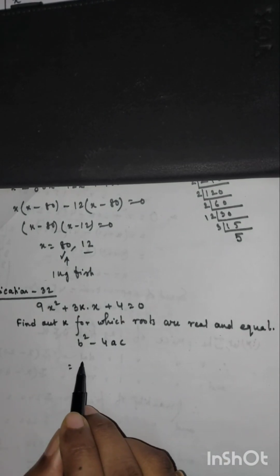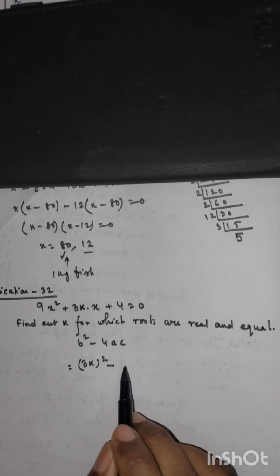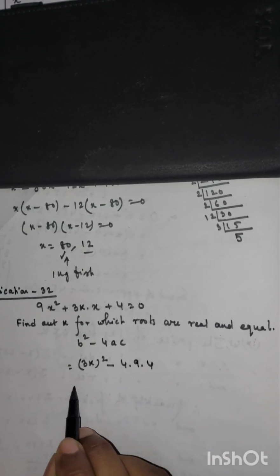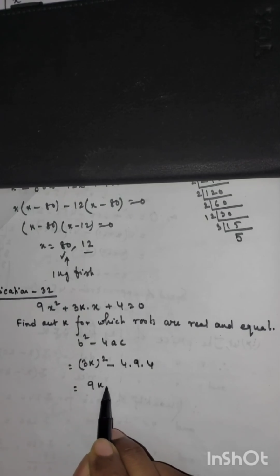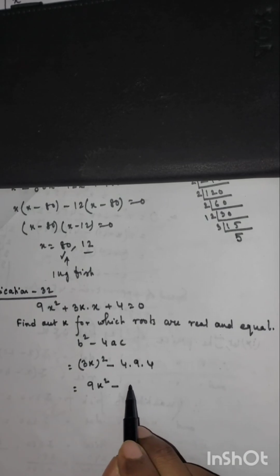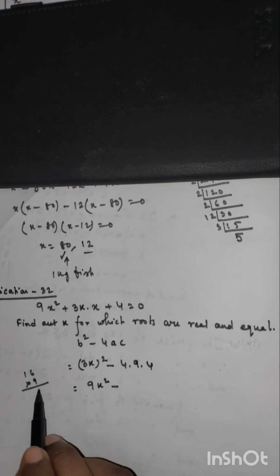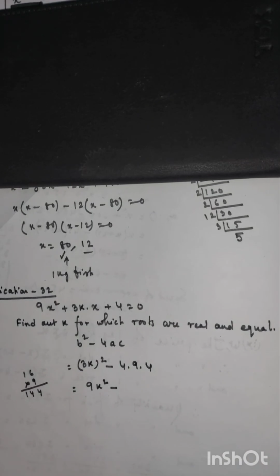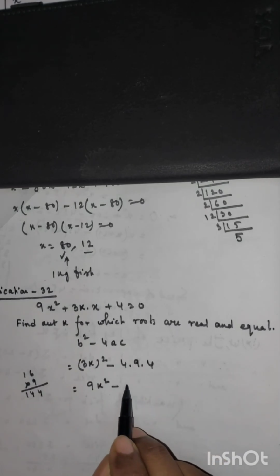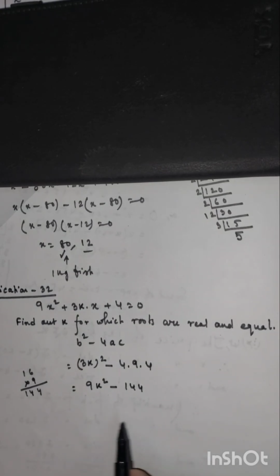So here b square is 3k whole square minus 4ac, 4 into a into c, equal to 9k square minus 16 into 9. So this is the value.